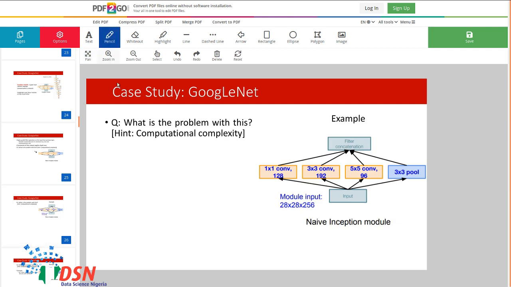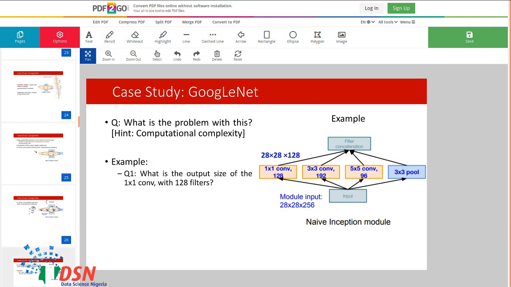But the problem with this is that the number of channels grows quickly, because when you concatenate them, you have 128 channels in here, 192 in there, and 96 in here, and some in here. So when you concatenate all of them, you are just adding all of those together. So when you are going to the next layer, this number of channels grows very quickly.